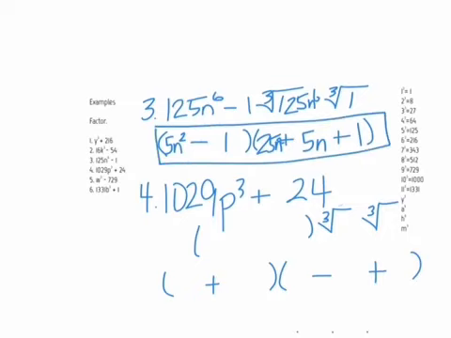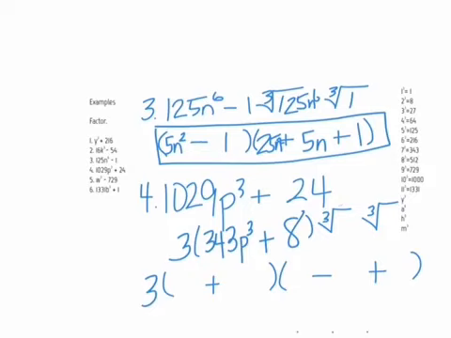Now let's do this next one. Hopefully you noticed that I had a common factor. So I'm going to take out 3. 1029 divided by 3 is 343 p to the third. 24 divided by 3 is 8. Then I did my signs, same, opposite, always plus. Bring that 3 down.